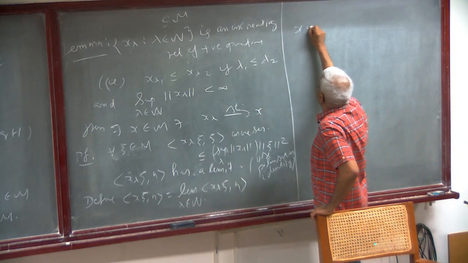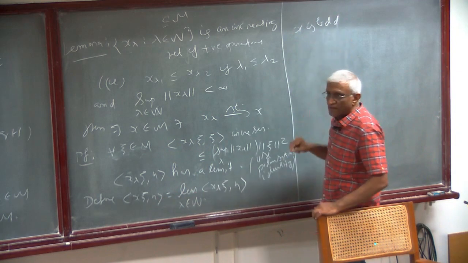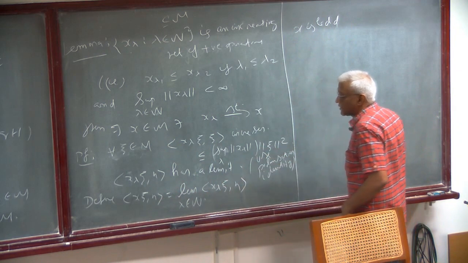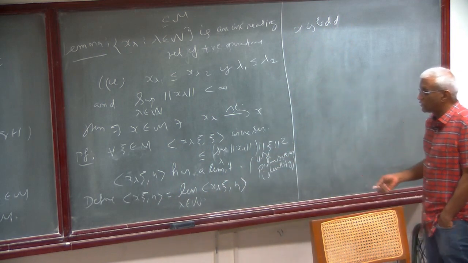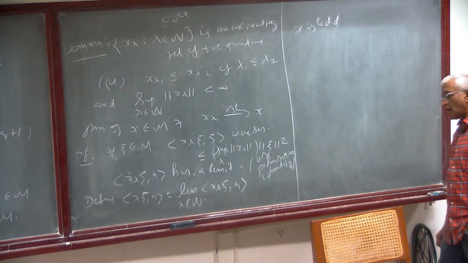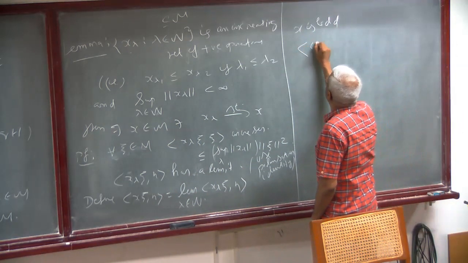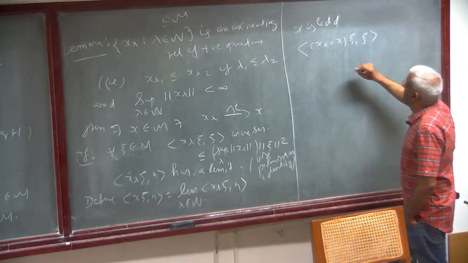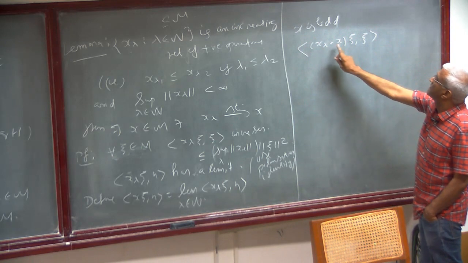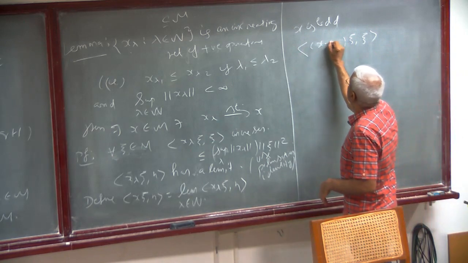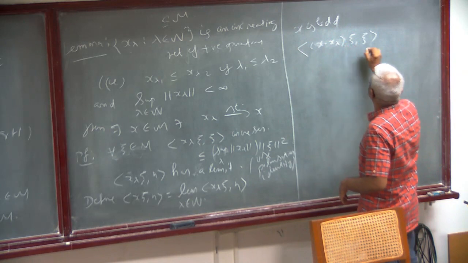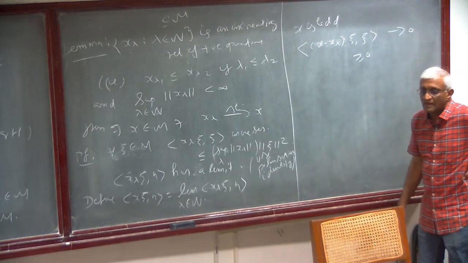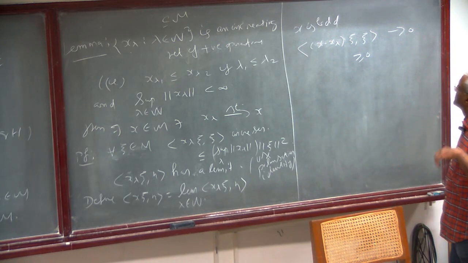So x is bounded, clearly x is bounded. That's clear, no? Because this is defined as the limit of this. We only have to show that x is the strong limit of that. So we have x minus x lambda, which is positive and goes to 0.